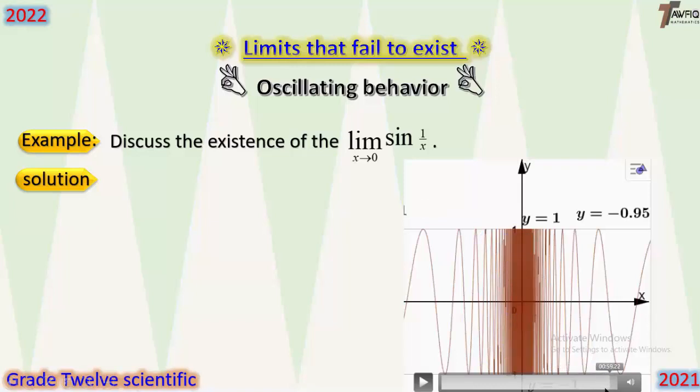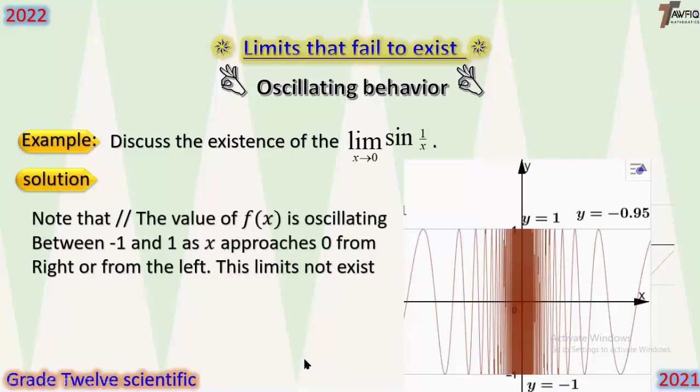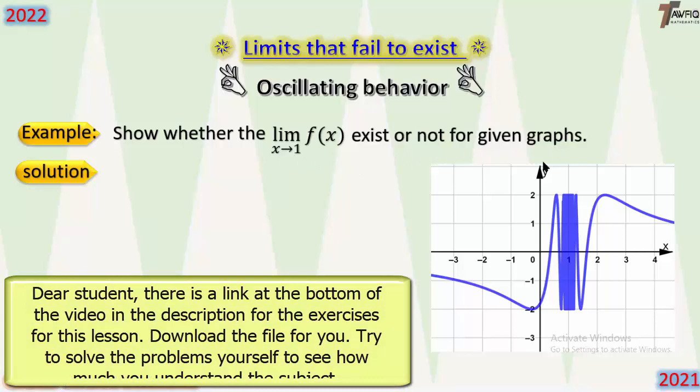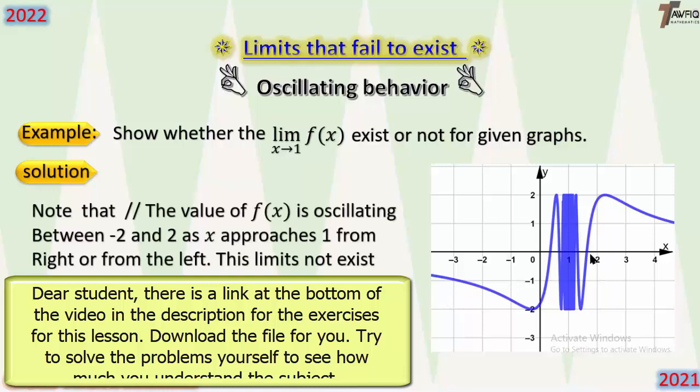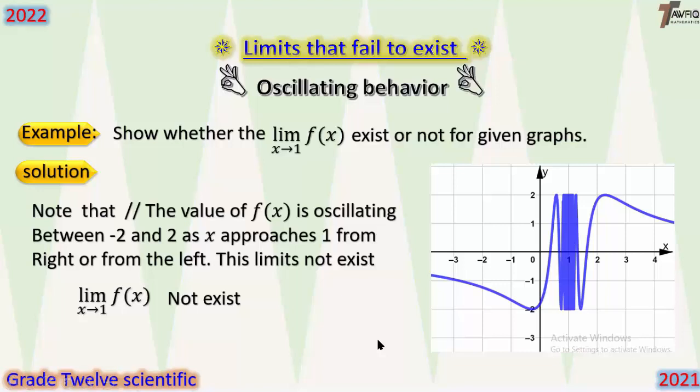Therefore, the limit does not exist. Show whether the limit as x approaches 1 of f(x) exists or not for the given graph. Here you can see when we approach 1, the value of y oscillates between minus 2 and 2. Therefore, the limit does not exist.